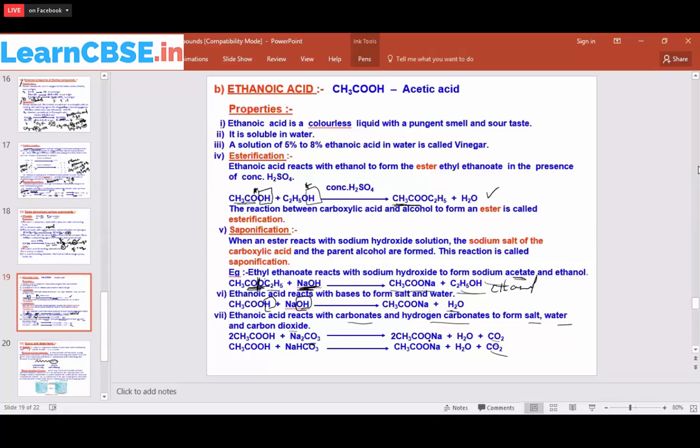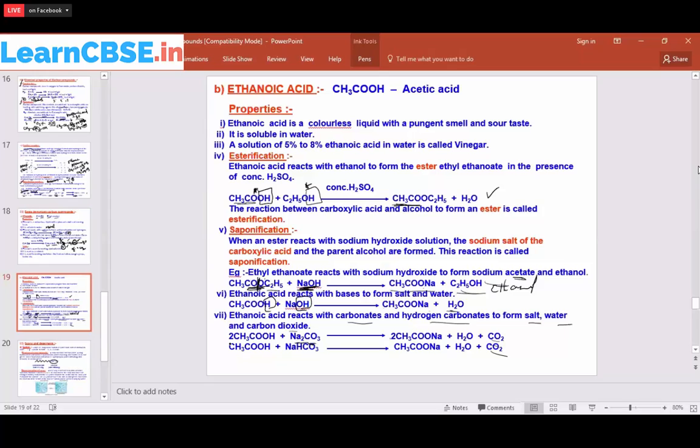CH3COONa plus water we are writing. How to balance the equation: here there are two sodium atoms present, but only one hydrogen is present. That's why we write 2 over here to balance the sodium atoms. So 2 CH3COONa, and 2 here also, plus H2O, because one molecule of the acid will give one hydrogen.